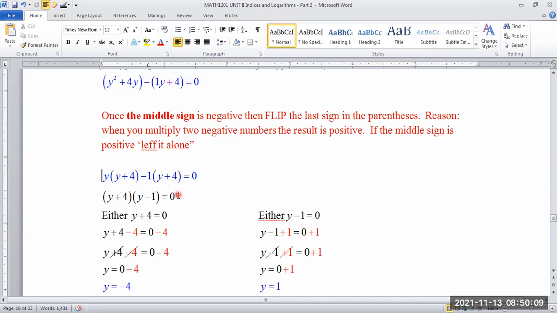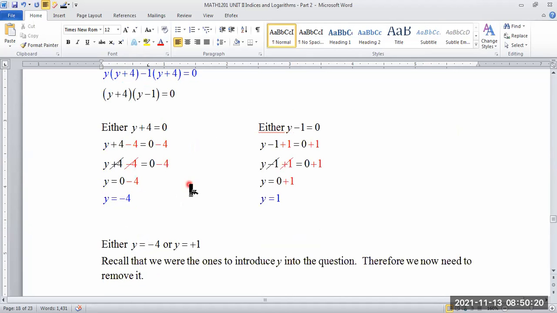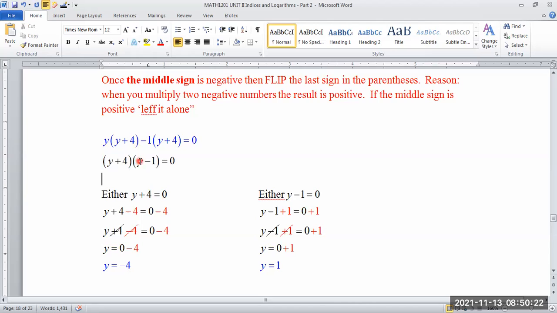So what I'm doing is actually reducing this line into this line. And I can now say either y plus 4 is equal to 0, because one of these must be equal to 0 for this to be equal to 0, because 0 times anything is 0.